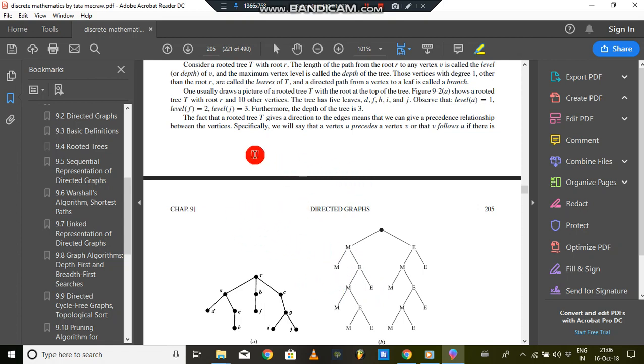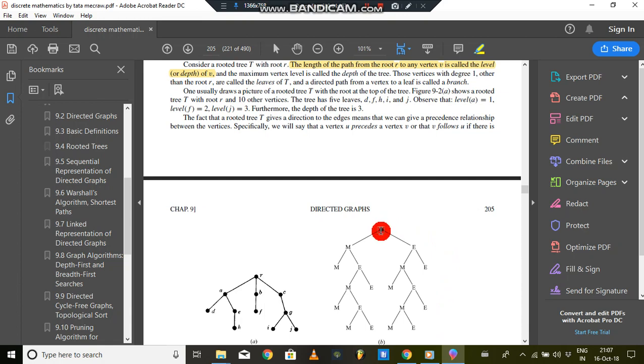As you read some basic terminology in this tree, let's consider the length of the path from the root R to any vertex B, which is called the level. See here, what is the level of this tree? Count from 0 up to any leaf of the tree.